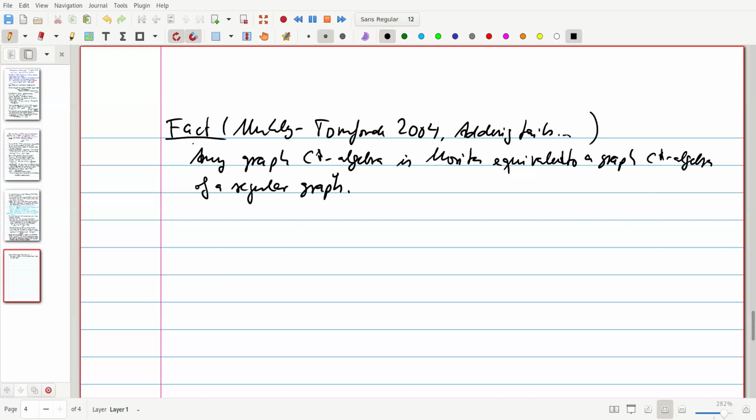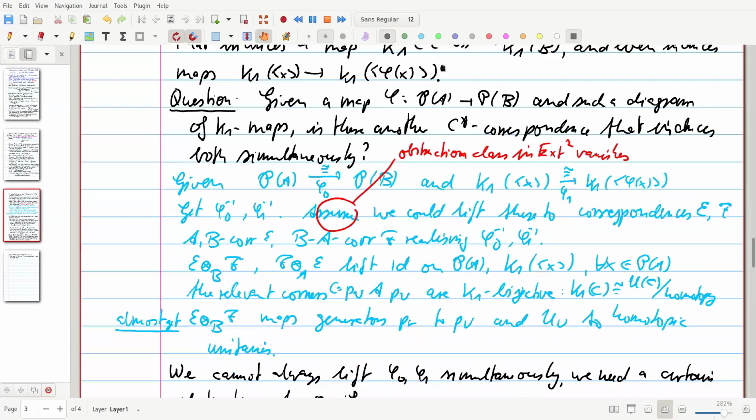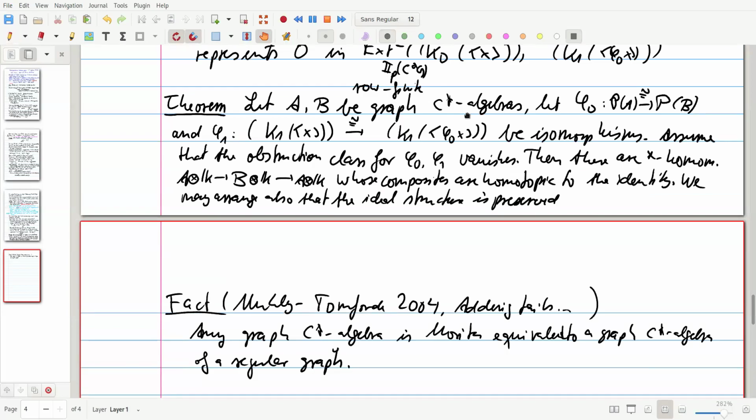Okay, and I think my time is kind of only 1 minute. Yeah. So there is one result I mentioned at the beginning, but now I didn't have time to talk about that so much. That was a purely infinite case. So I did talk about this homotopy equivalence, which is ideal preserving.